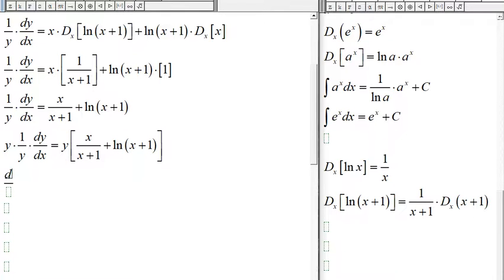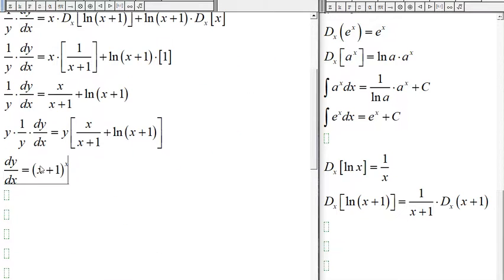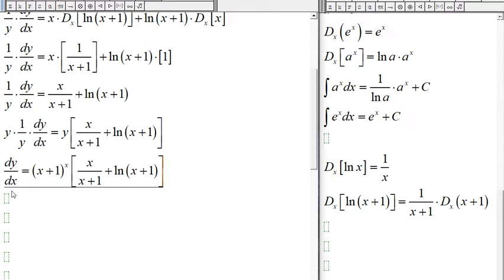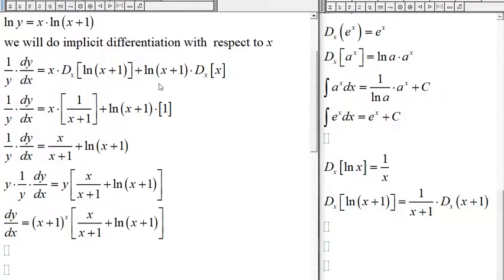So we get dy dx, but y is x plus 1 to the x. And then dy dx, that's the same as f prime of x.